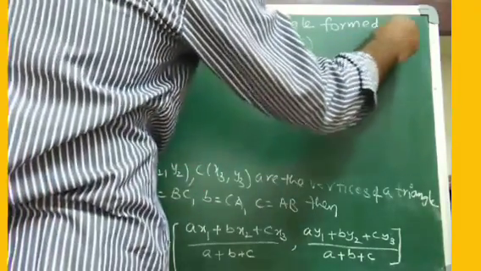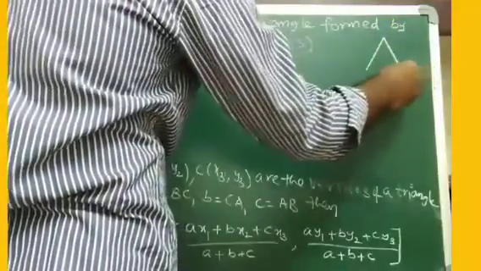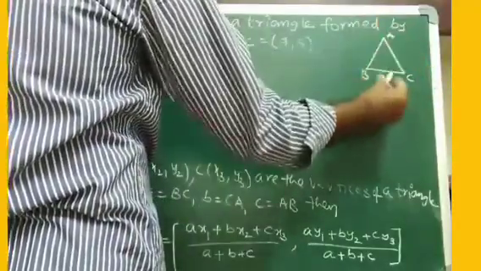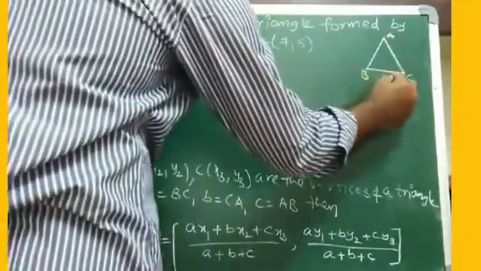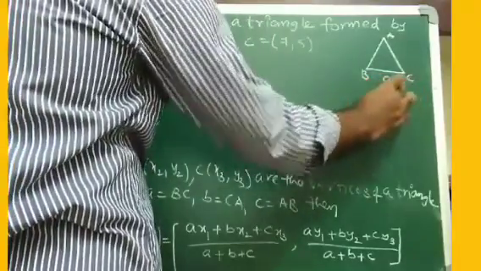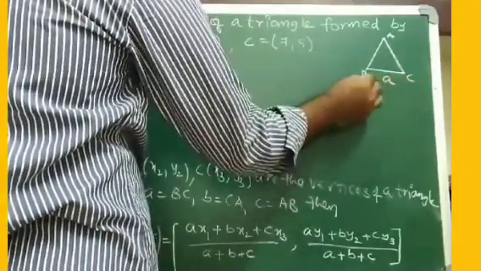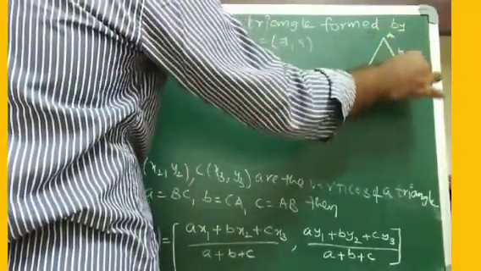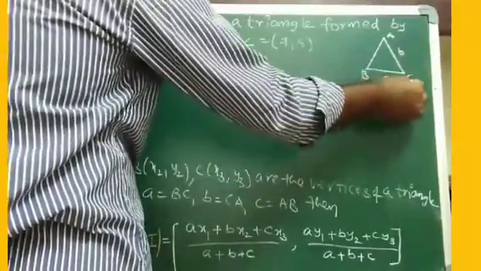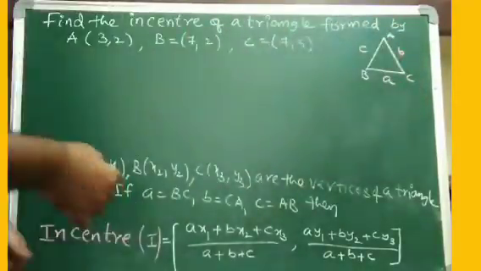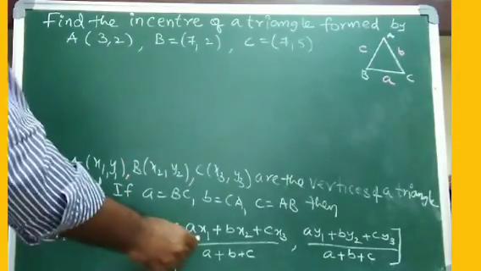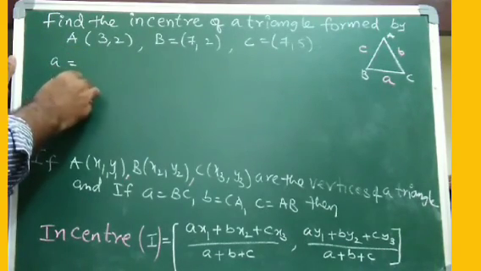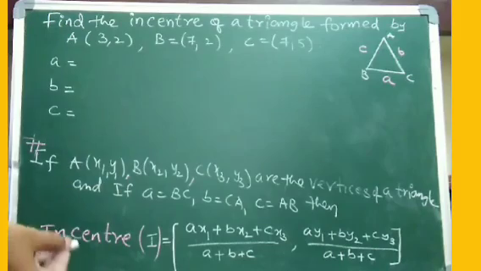As I already explained in the last class, in triangle ABC, the side opposite vertex A is denoted by small a, so small a is the distance between B and C. Similarly, the side opposite vertex B is small b, the distance between A and C. Similarly, the side opposite vertex C is small c. So to enter into this formula, first I want to find the lengths of small a, small b and small c.